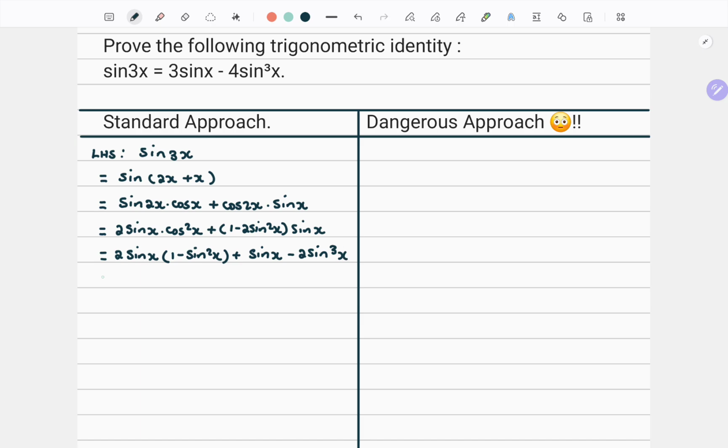Right. So we keep going, we fold this out, we get 2 sine x minus 2 sine cubed x plus sine x minus 2 sine cubed x.